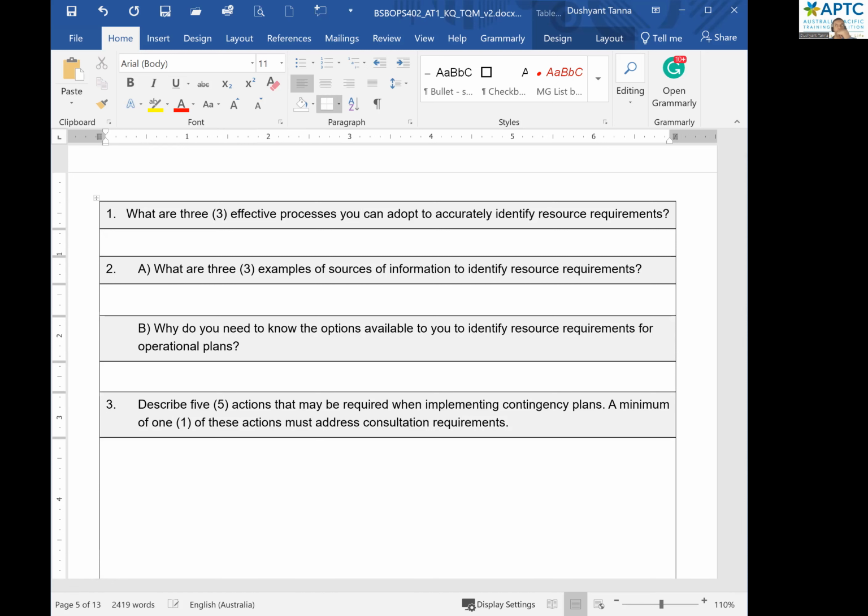What are the 3 examples of sources of information to identify resource requirement? Here you are talking about the processes, here about the examples.